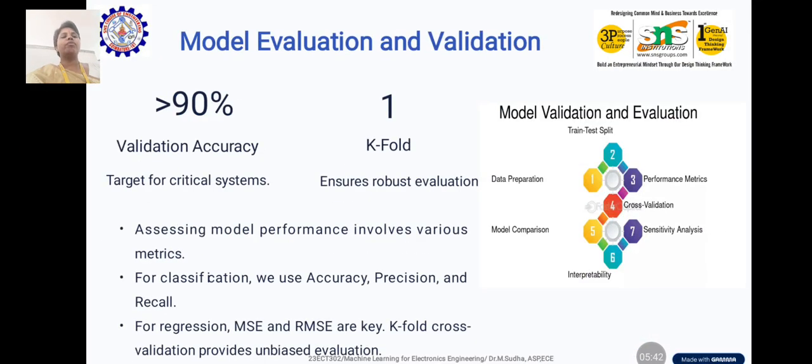This is how model validation and evaluation takes place. Assessing model performance involves various metrics. For classification, we use accuracy, precision, and recall. For regression, MSE and RMSE are key. K-fold cross validation provides unbiased evaluation. These metrics and the detailed process we will discuss while learning the algorithms in detail, right?